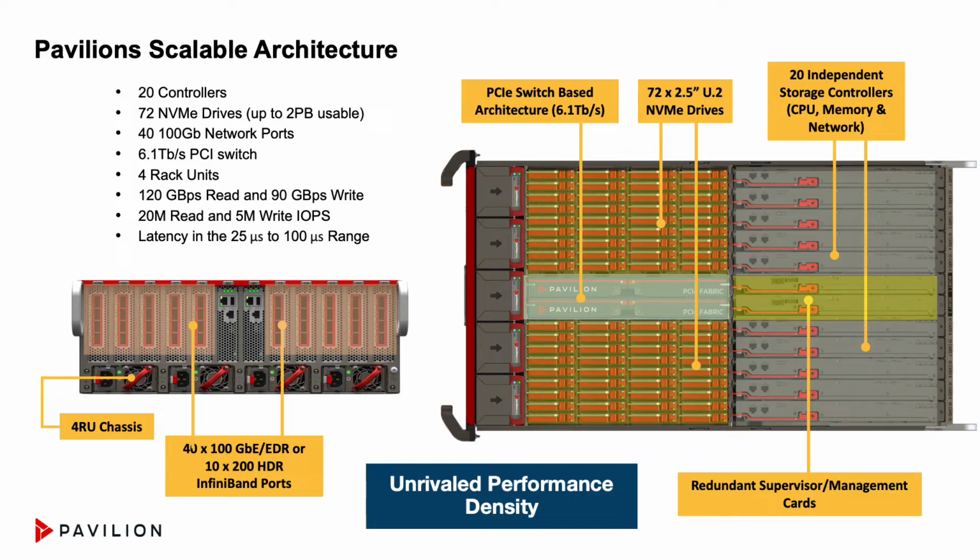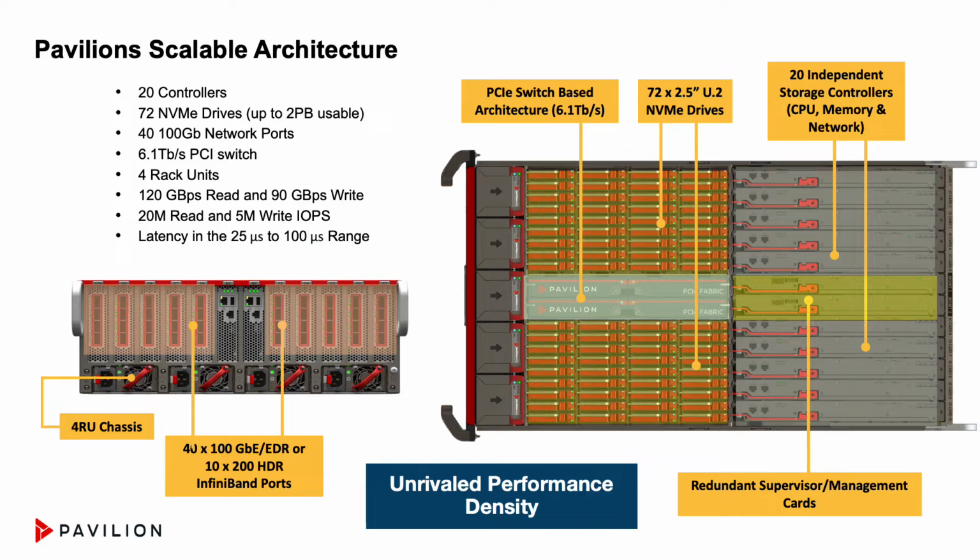We can have up to 40 100 gig Ethernet or InfiniBand ports, all connected together by a 6.1 terabit PCIe switch, giving any-to-any connectivity to every storage controller and drive into port. All this packed into 4 rack units.